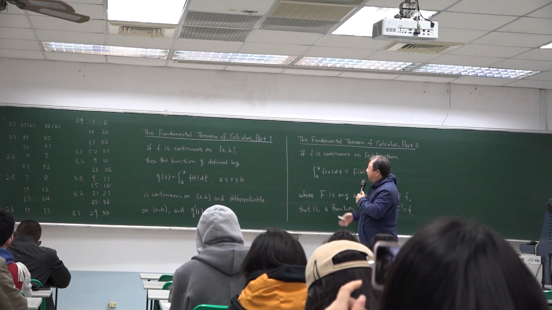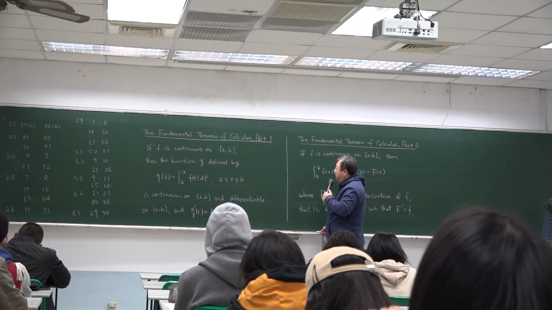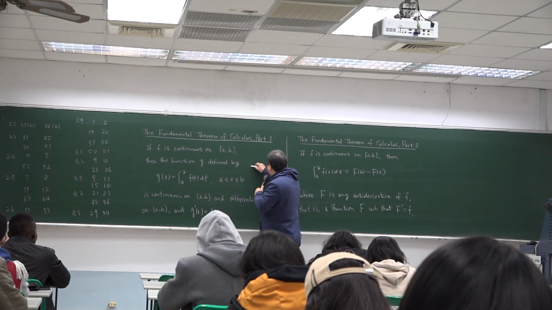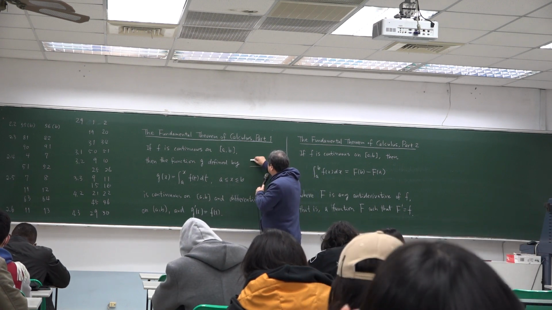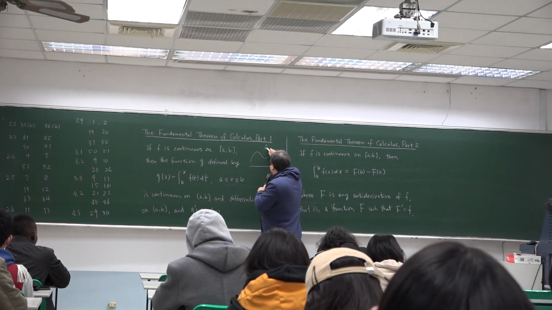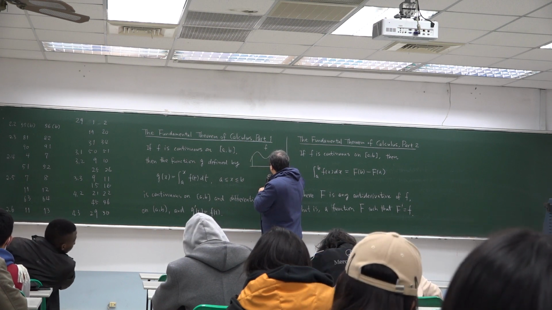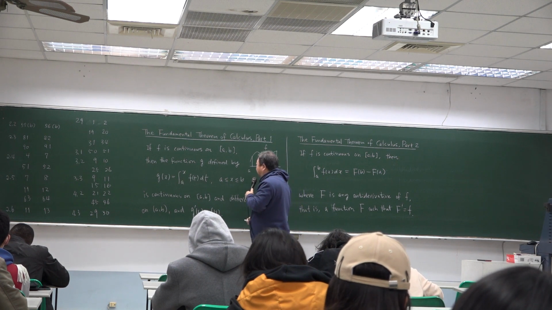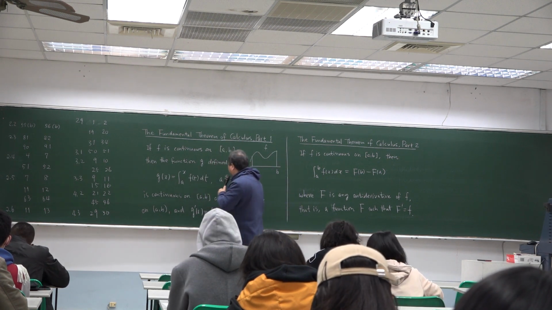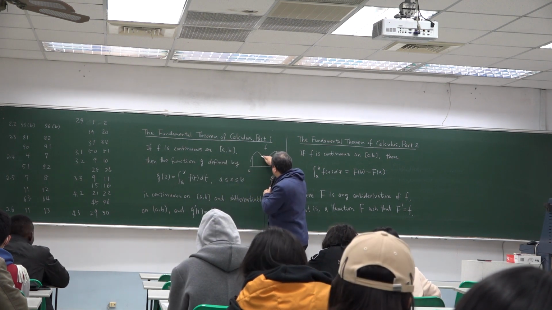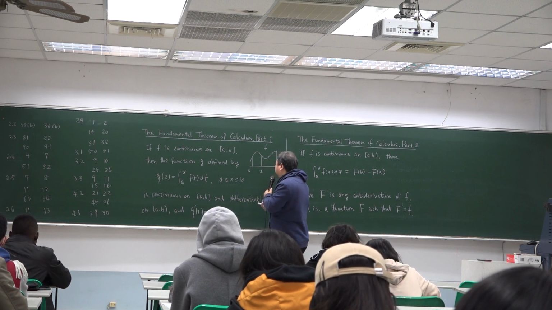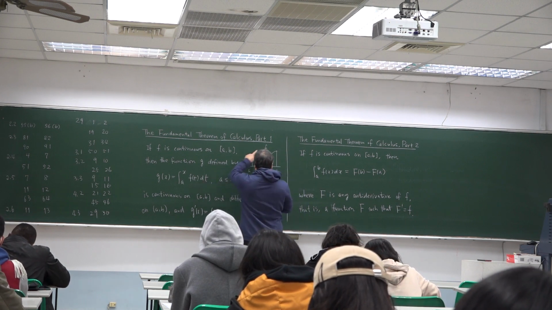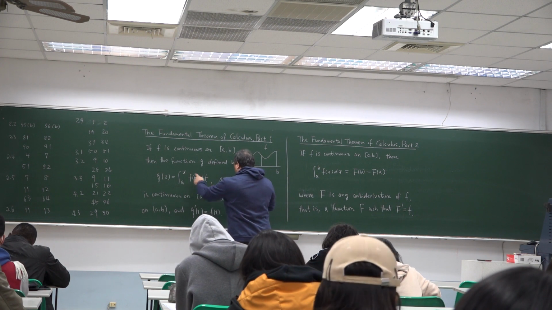Okay, we have shown this one. In fact, if f is continuous on some closed interval [a, b], we define lowercase g to be the definite integral of the function f from a to x.